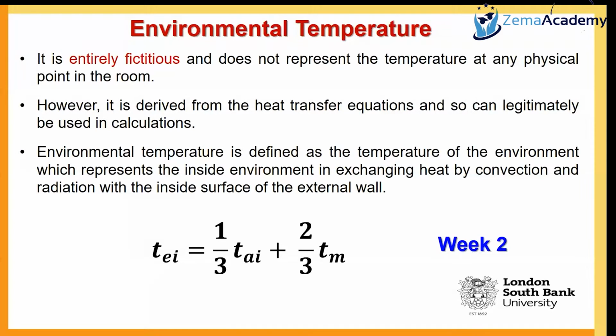What we did was calculate the areas involved, and based on those areas, we calculated the mean radiant temperature. Then with the help of the mean radiant temperature and the inside air temperature that was given to us, we calculated the environmental temperature.